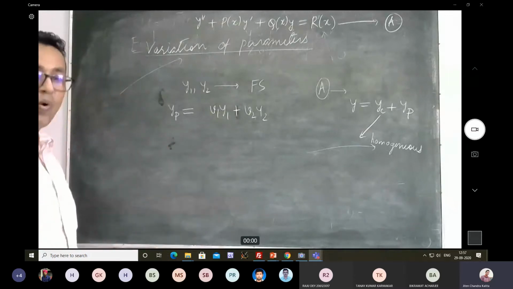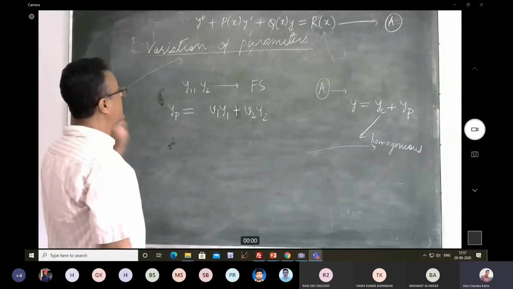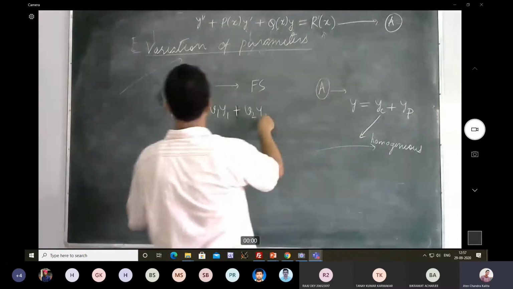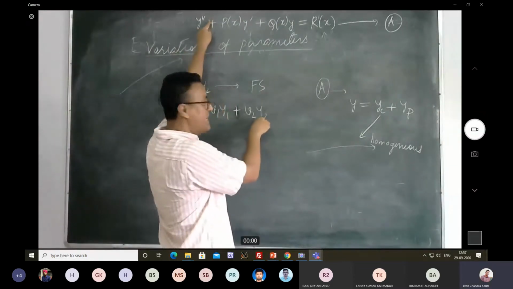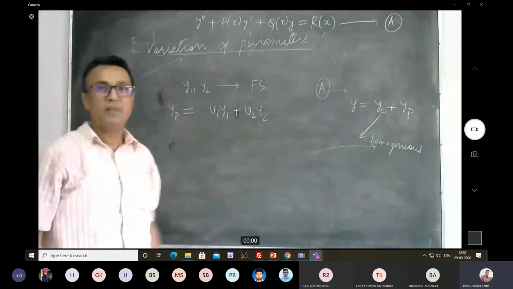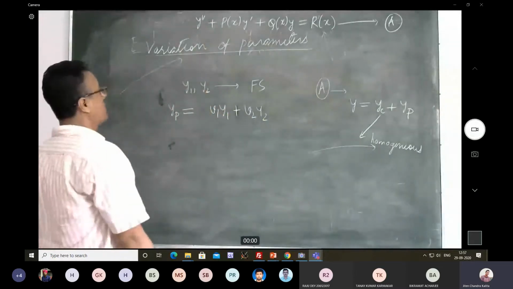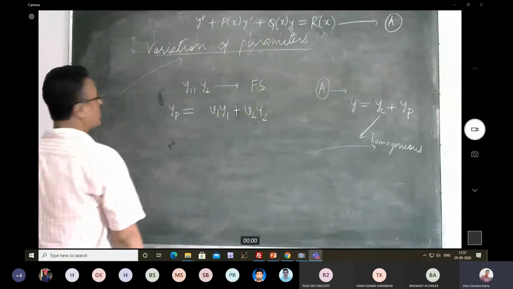Now we are going to plug this into the original equation A and do some manipulation. Let us figure out what we are going to do.